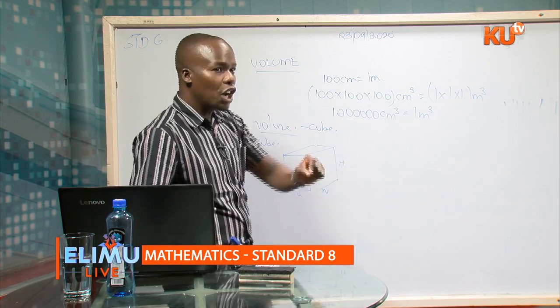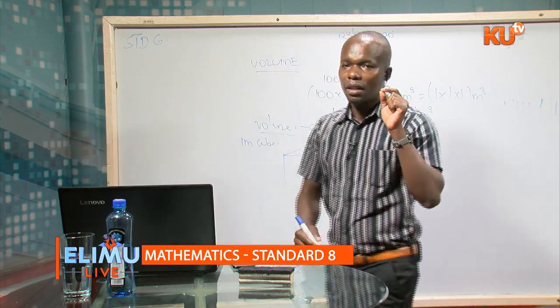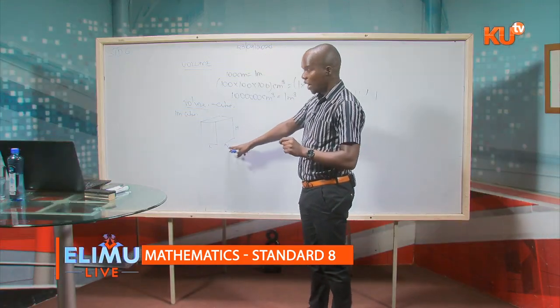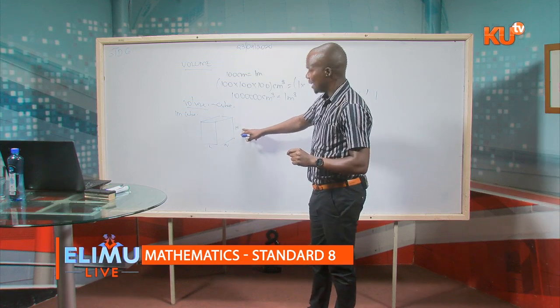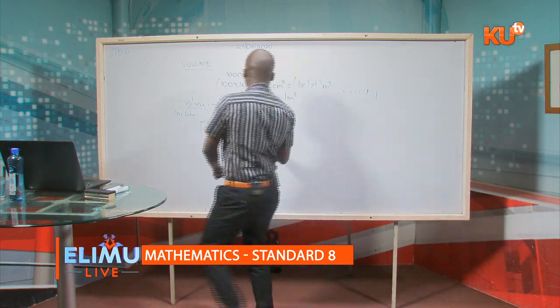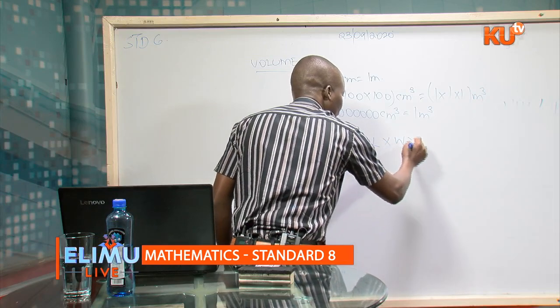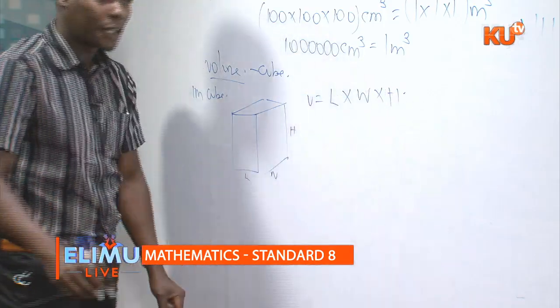So volume is length times width times height.